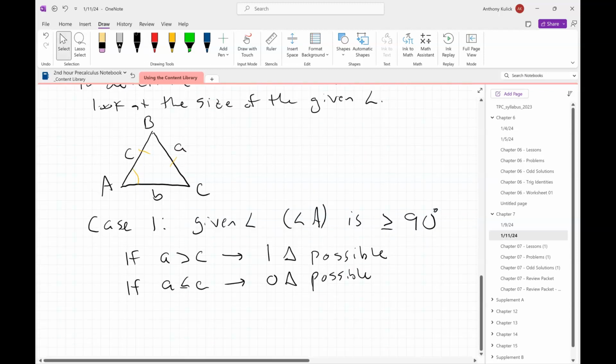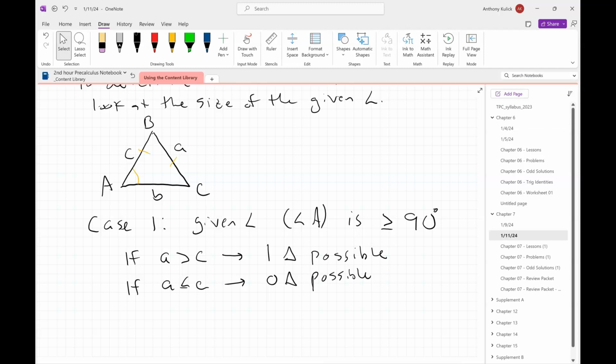Let's think about why that has to be the case. If angle A is greater than or equal to 90 degrees, what can we say about angle A? It has to be the biggest angle in the triangle. Everybody agree with that?